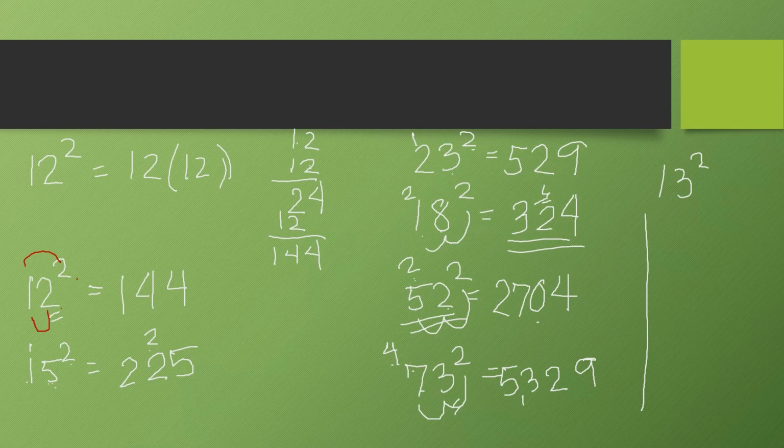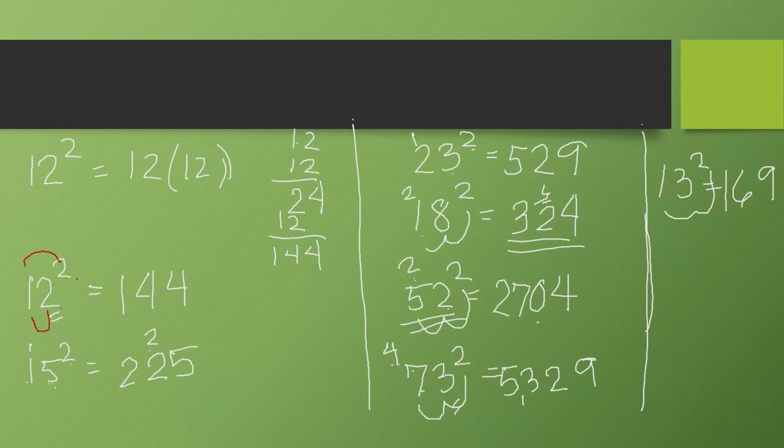Okay, another example is 13. Square of 13. Ano ba ang square of 13? Square the first term is 9. Multiply yung tens dun sa ones, 1 times 3, is 3, times 2, that is 6. Square the last term, that is 1 times 1 is 1.